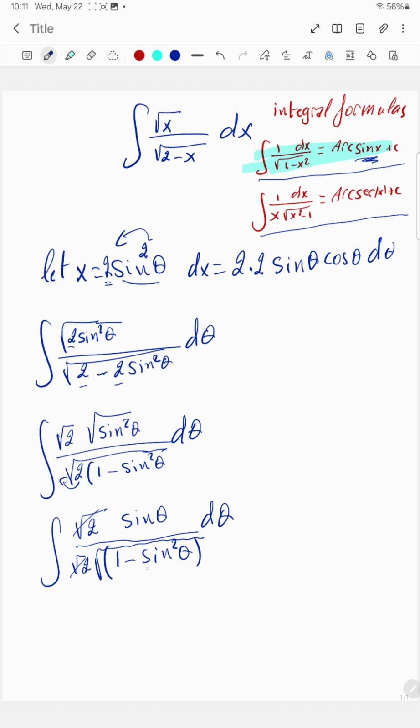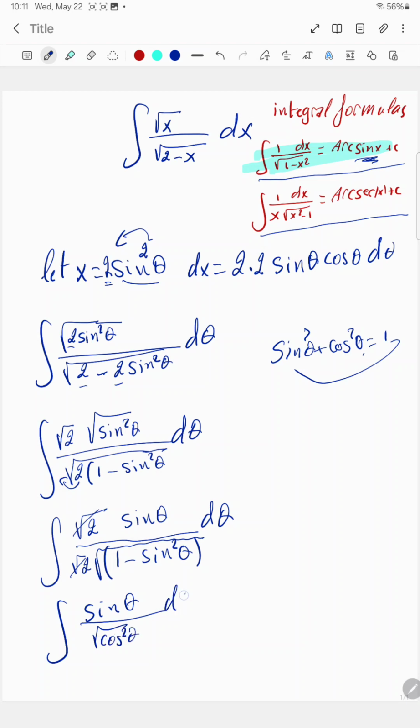And I know that 1 minus sine squared of theta is equal to cosine squared of theta, because sine squared of theta plus cosine squared of theta is equal to 1. That makes my life even easier. So my integral becomes sine of theta divided by cosine squared of theta d theta.